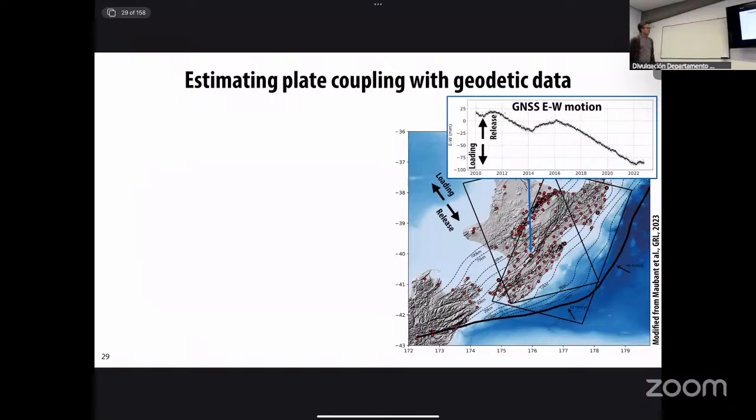So what would we actually do if we go through an example here? Here I'm showing the time series of this one point. We would expect that loading, or the buildup of stress, would be going towards the west because the Pacific plate wants to drag New Zealand to the west, and it's frictionally stuck to it beneath. That's what you see here on this east-west component.